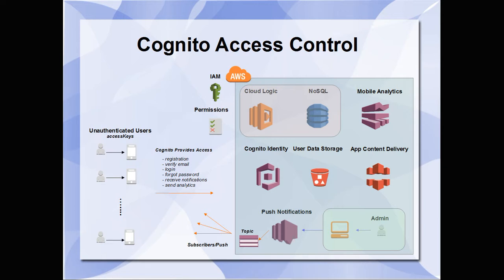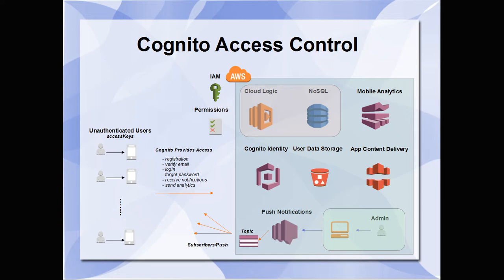Okay, so the Cognito Access Control controls your services on Amazon. So, for example, for Cloud Logic and invoking certain Lambda functions and storing stuff into a database or doing any updates in a NoSQL database, we could have a certain access control for that realm, which denies any anonymous users from accessing those services.